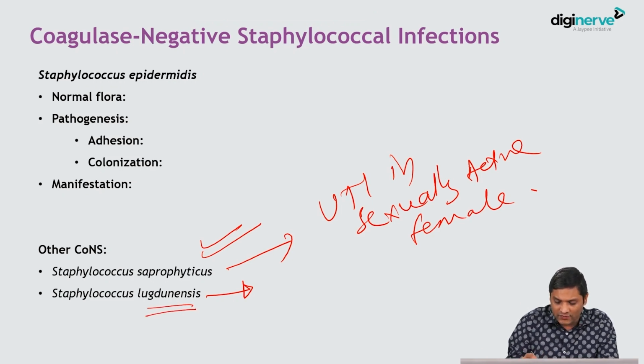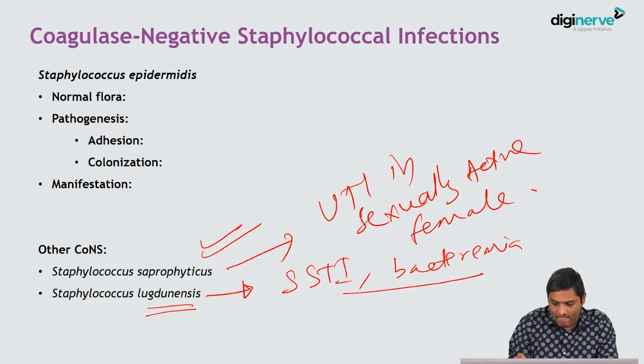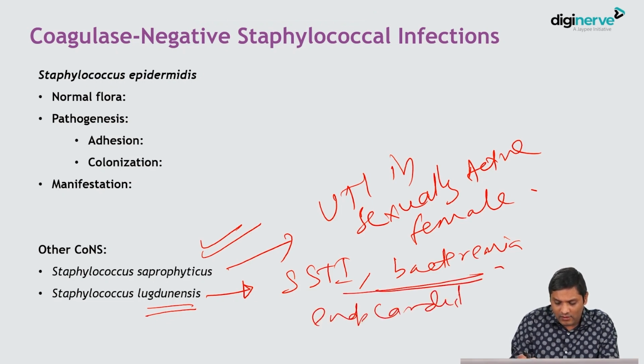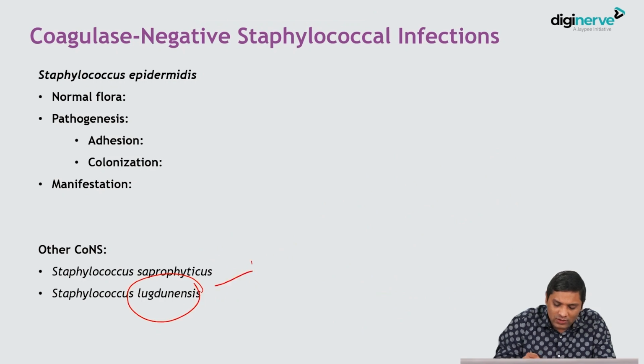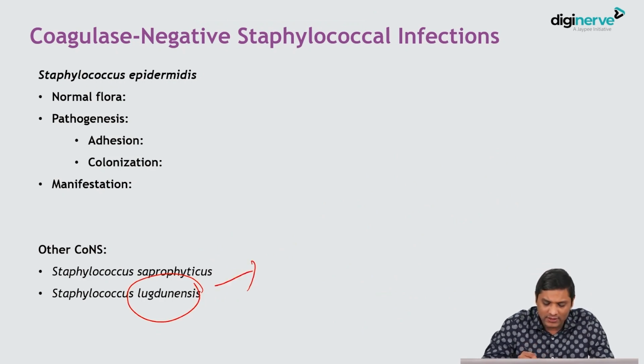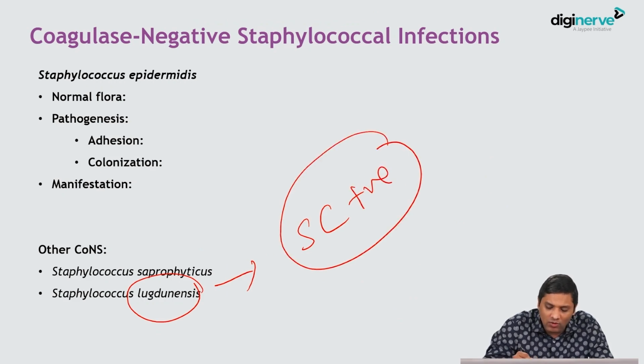It is known to cause various infections such as skin and soft tissue infection, bacteremia, endocarditis. So these are the various infections caused by Staphylococcus lugdunensis. Lugdunensis is also important for one more reason. It is also a Staphylococcus species that is positive for the slide coagulase test.